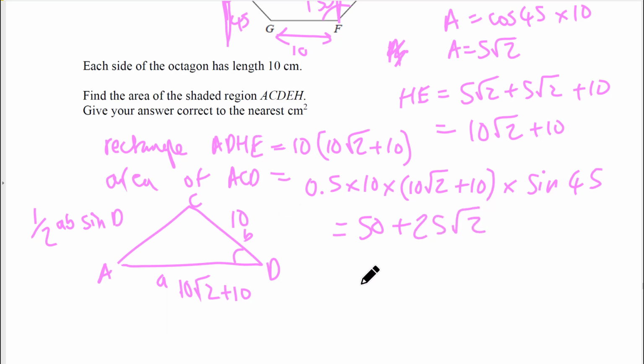Add these two up, so we're doing 10 root 2, add 10, add 50, add 25 root 2. I know this is a lot of calculations.